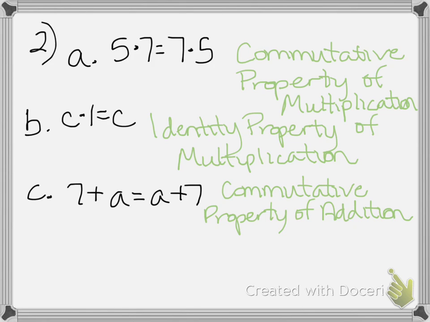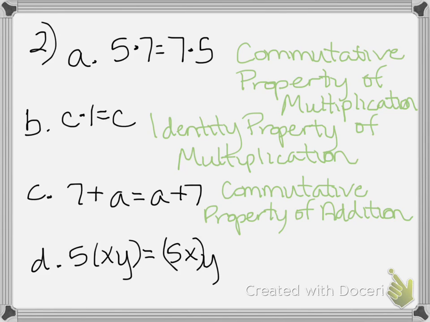And then letter D says 5 times xy equals 5x times y. And so they changed what's in the parentheses, they changed the grouping. That's called the buddy rule. And so that's the associative property of multiplication.